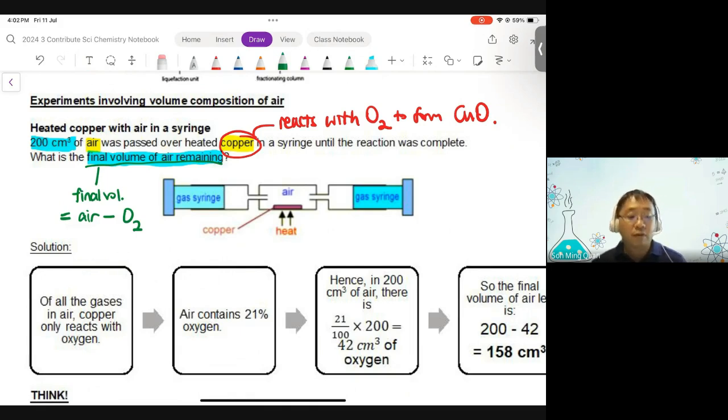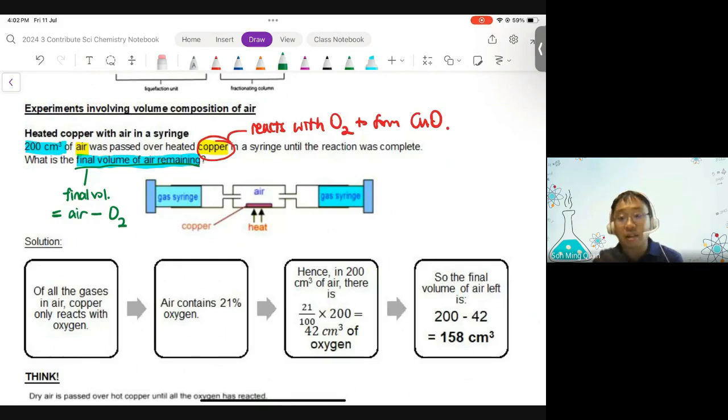So now, if you look at the solution, it is presented in this four-step thinking method. The first step is to realize that copper reacts with oxygen. The second step is to work out air contains 21% oxygen. 21% of 200 cm cube is 42 cm cube. So what we are trying to say is in 200 cm cube of air, I only have 42 cm cube of oxygen.